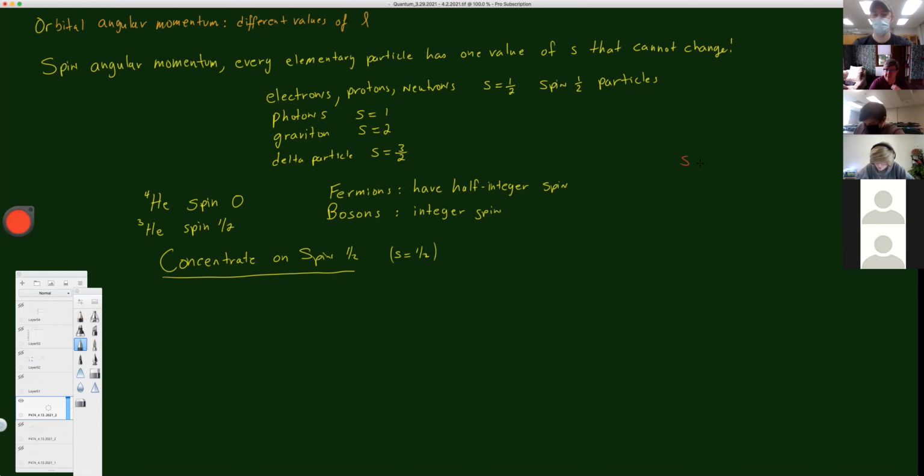Remember, if we have S that's some value, m_s can go from minus S, plus 1, and so on, up to S. So if little s is 1/2, what are the values that are possible for little m_s?